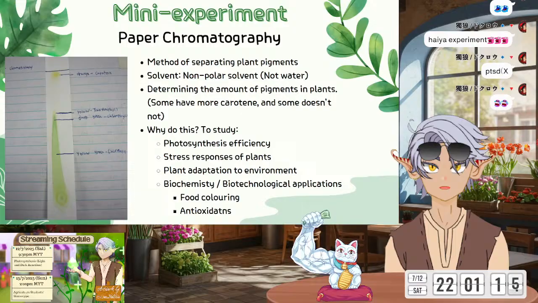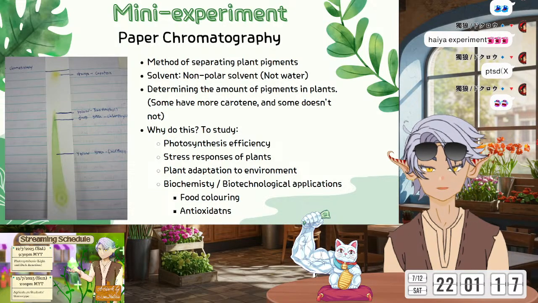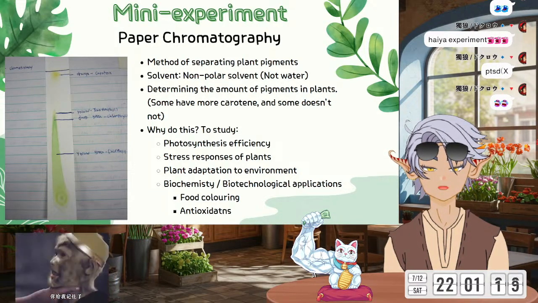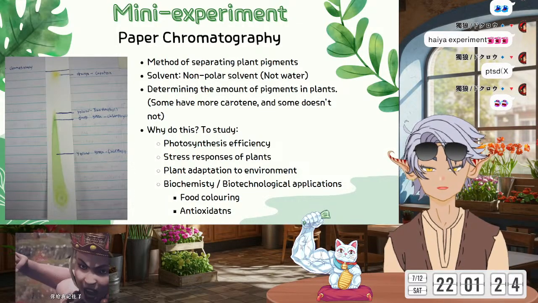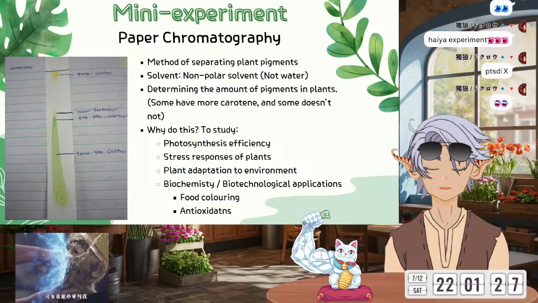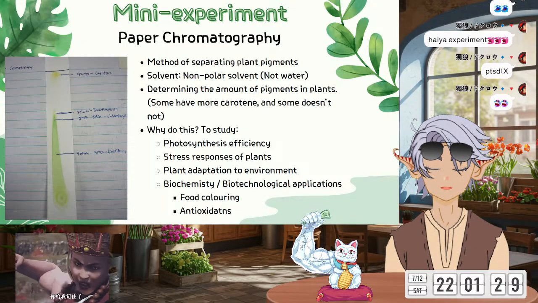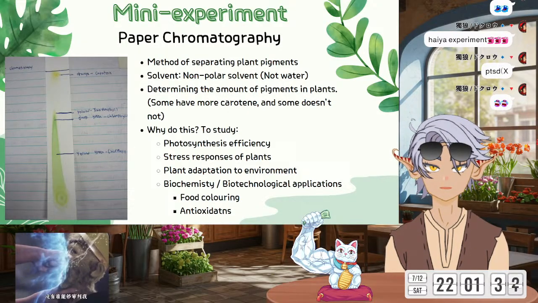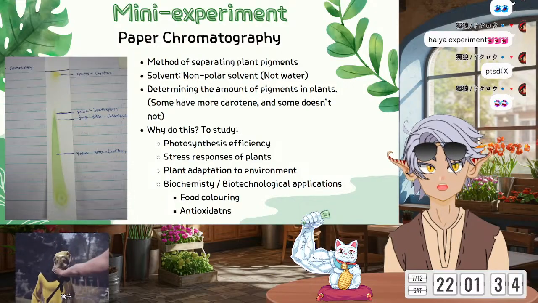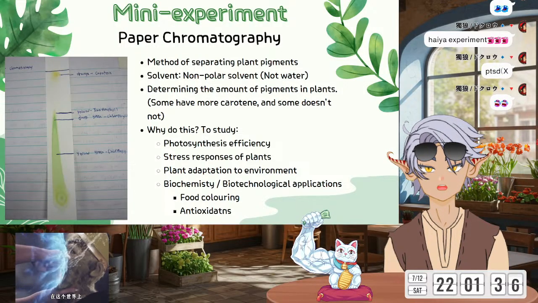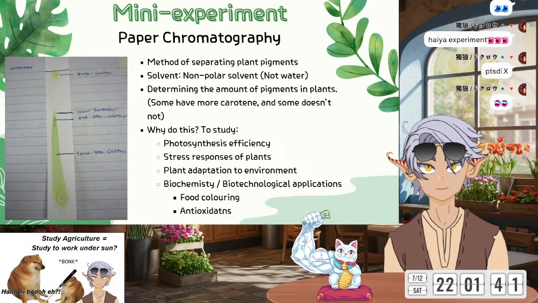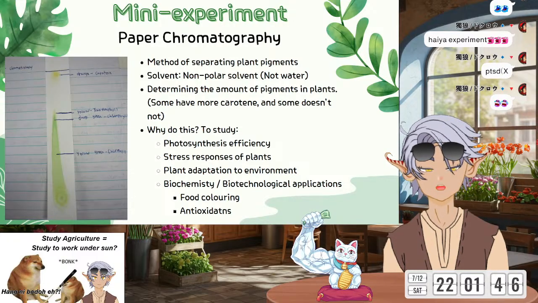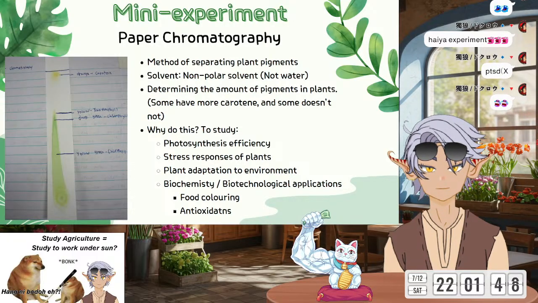Okay, so the solvent used is a non-polar solvent. No plus minus, not water lah. What does it mean by non-polar solvent? A non-polar solvent does not have ions inside. If you don't know what an ion is, the plus and minus, it will not form anything, so it is non-polar.